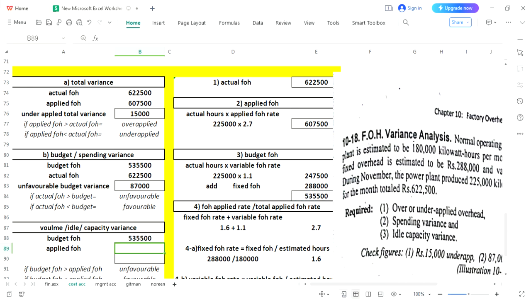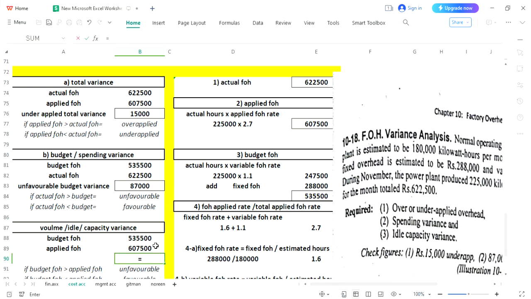You can put over here, and then you need to have applied FH. Go to second statement which we have calculated. Applied FH was 607,500. Put over here. And now it's time to calculate the variance, which would be here by taking the difference of budget and applied FH.